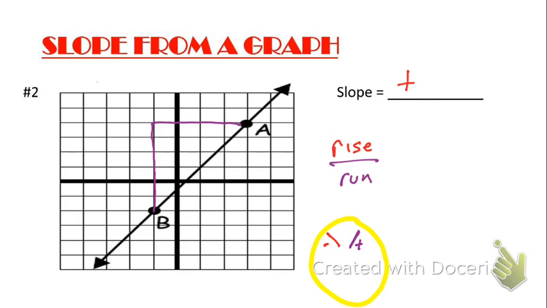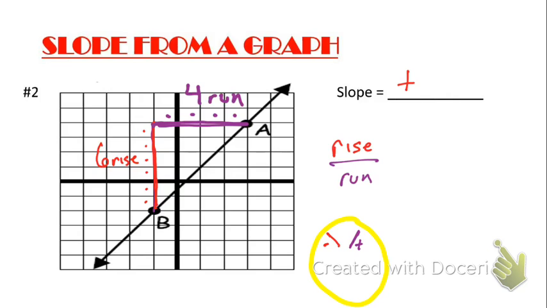My rise is this line right here. I'm going to count the squares: 1, 2, 3, 4, 5, 6. So my rise is 6. Now my run is from here to here: 1, 2, 3, 4.